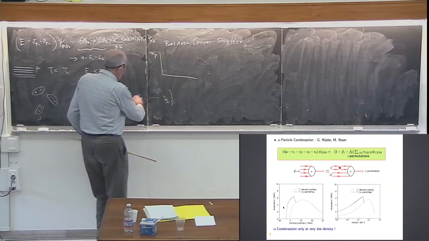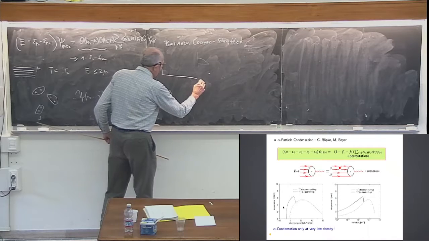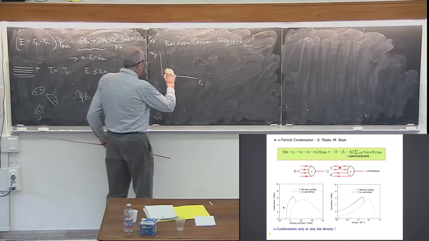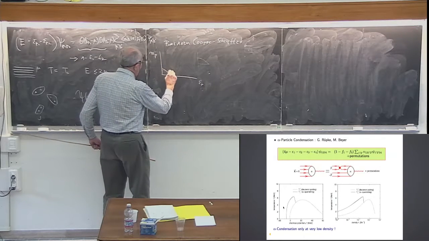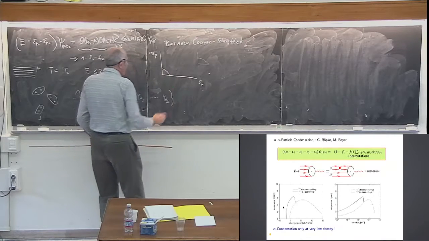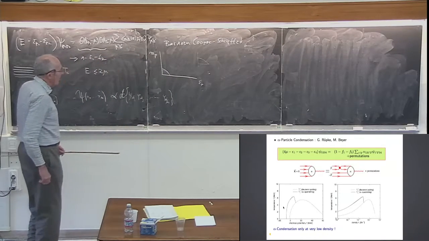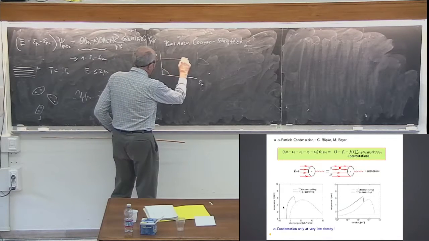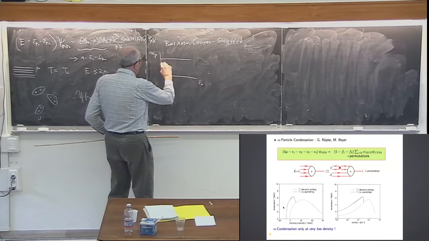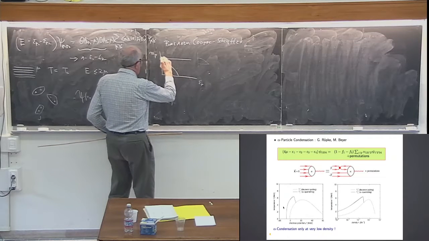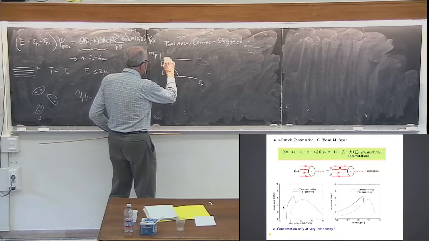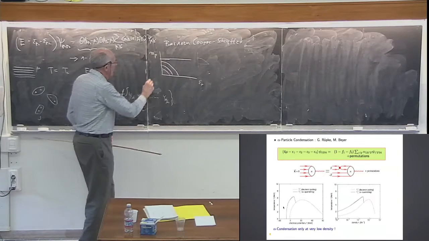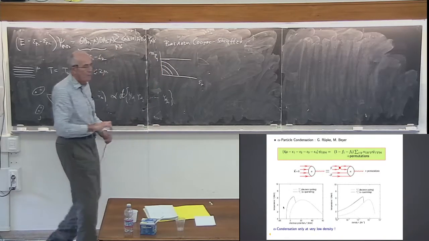So if the deuterons are very far apart, as a function of, let's say, epsilon p, the wave functions occupy very little of the phase space, but at some moment the phase space gets more and more occupied, and you cannot pass beyond 1 for Fermi systems.